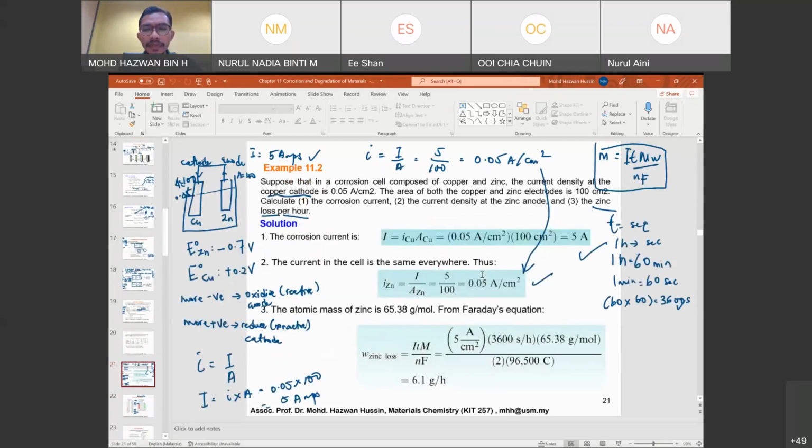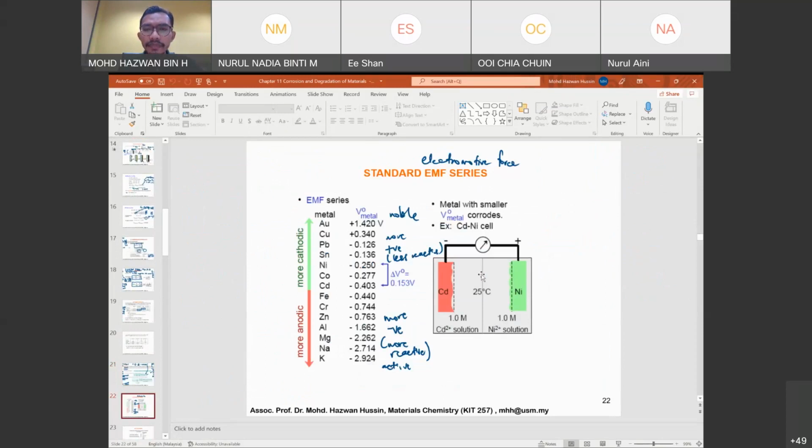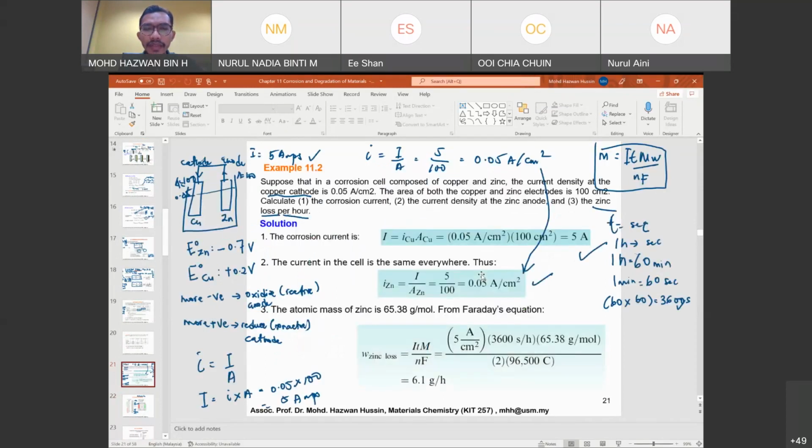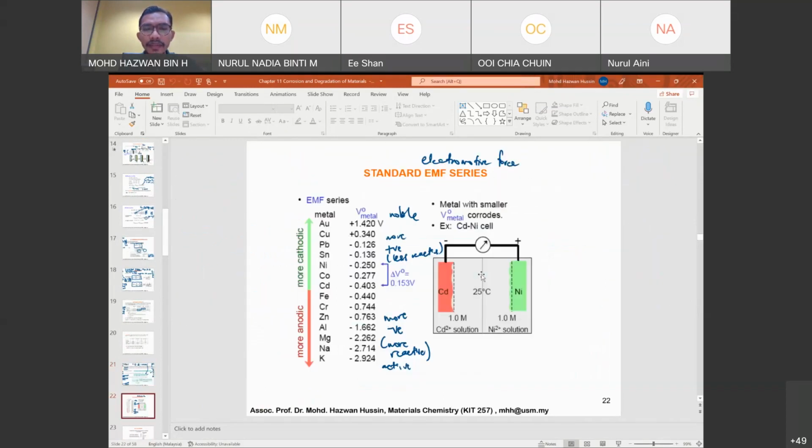And yesterday we also looked into a few examples, for example this one, how to calculate current density and also mass loss. When we talk about an electrolytic cell, it is important to identify which one will be anode and which one will be cathode. The assignment of anode or cathode can be explained through the position in the electromotive force or electrochemical series.